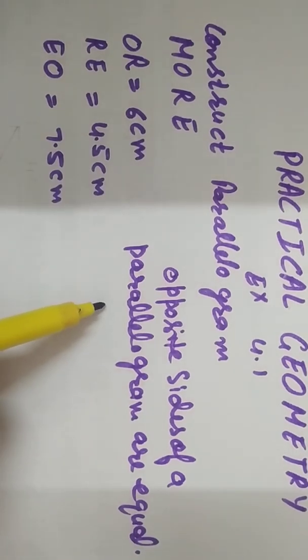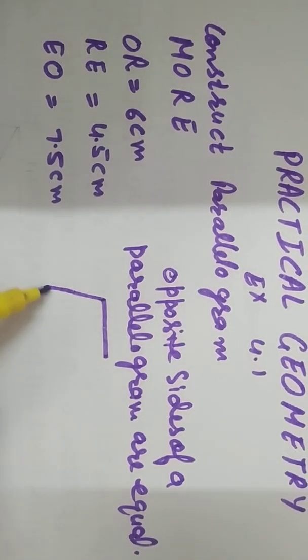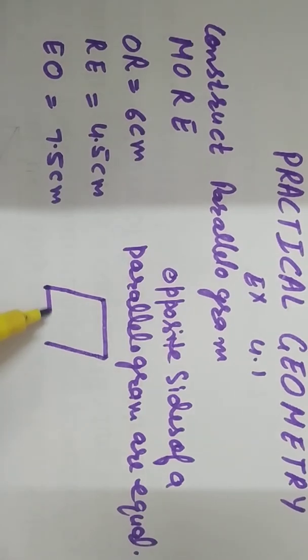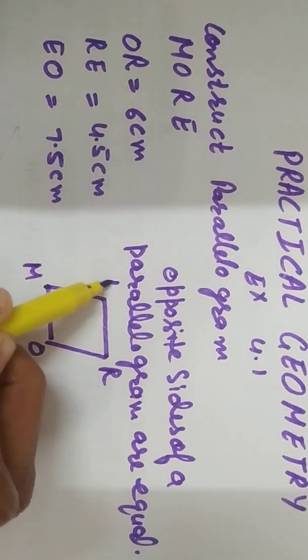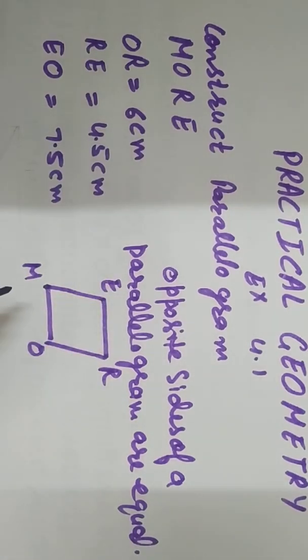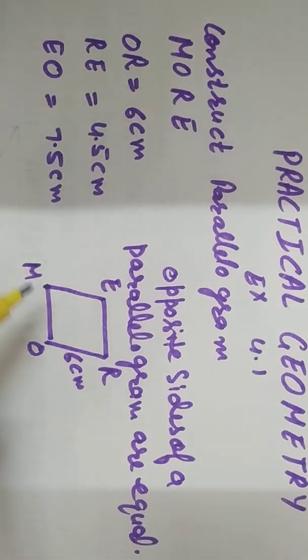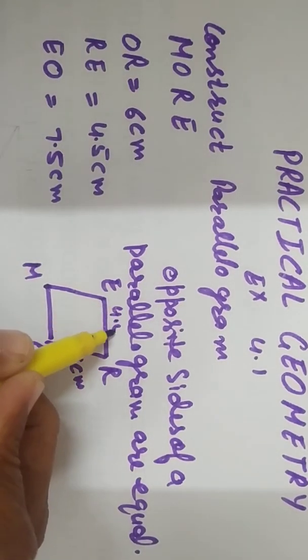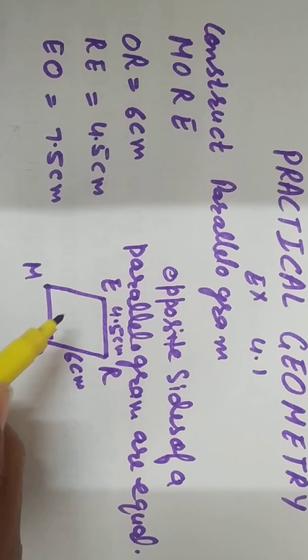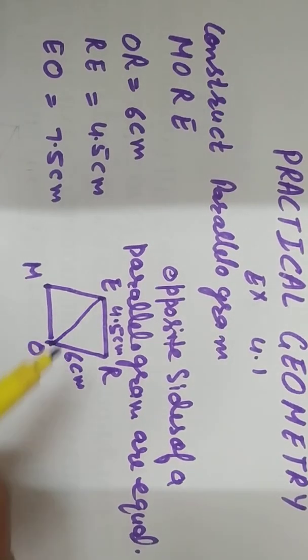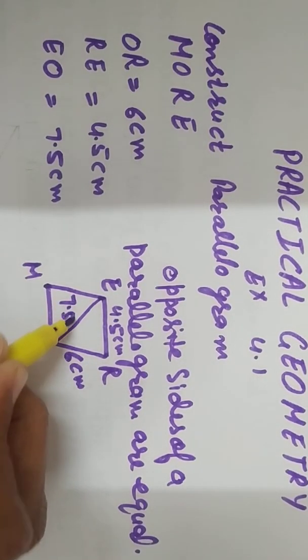Now let us draw a rough sketch of this parallelogram, and let us give it the name MORE. OR is given to us as 6 centimeter, RE is 4.5, and EO, one of the diagonals, is 7.5.